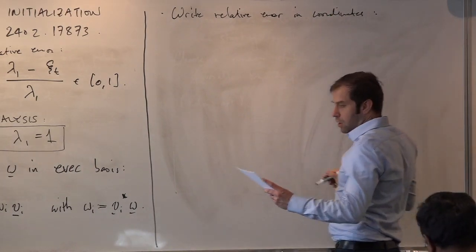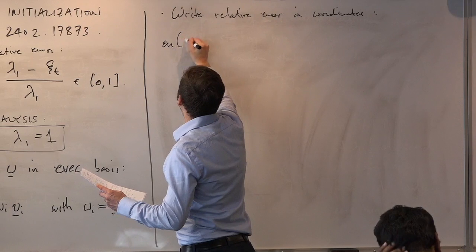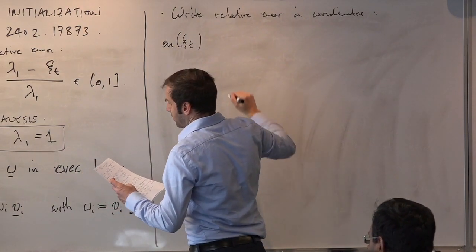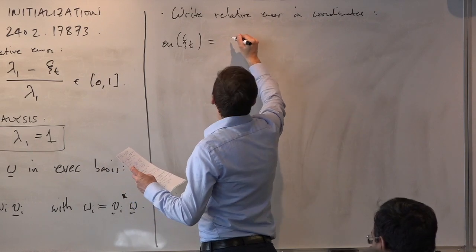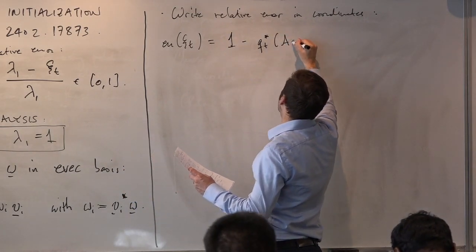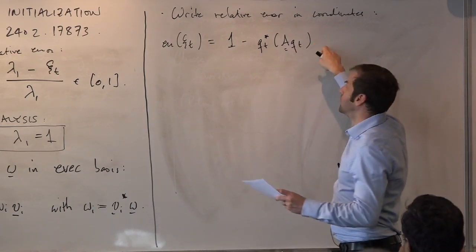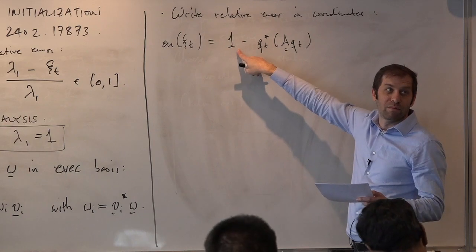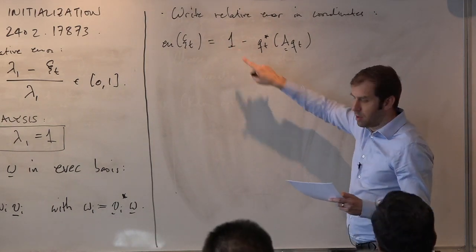So how does this work? The error in CT is 1 minus QT transpose A QT. This is the definition of CT. We've used the fact that lambda 1 is 1 because we've rescaled.